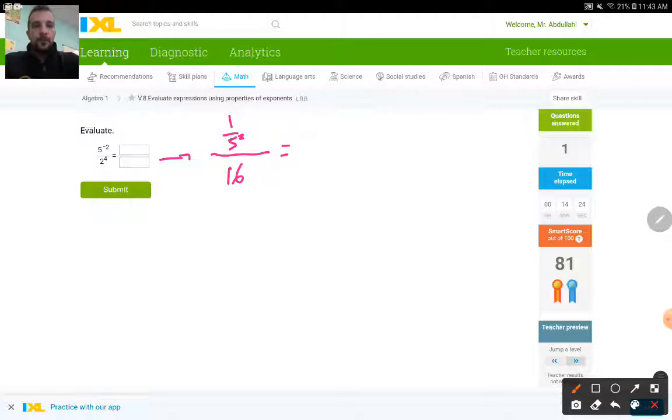So 1 over 5 squared is 1 over 25, divided by 16. What would that be? Let me see if I can figure that out. 250 plus 150, I think it is 1 over 400.